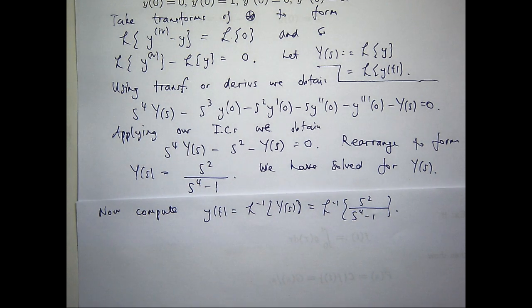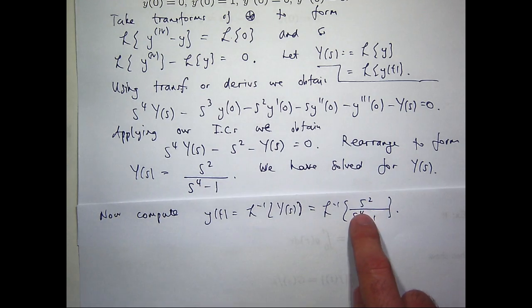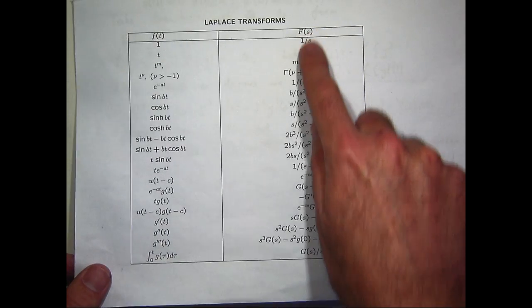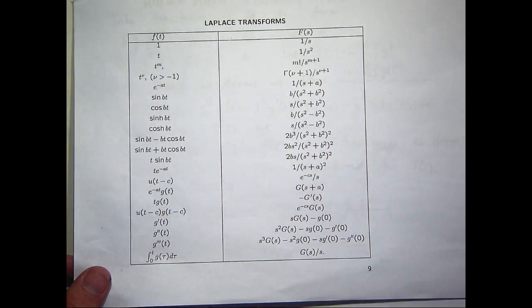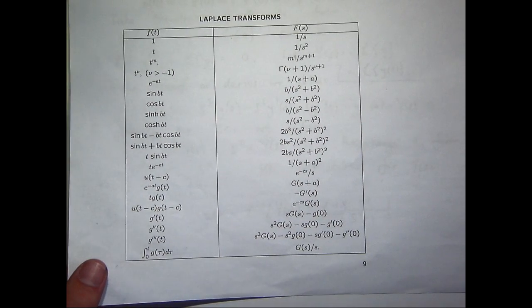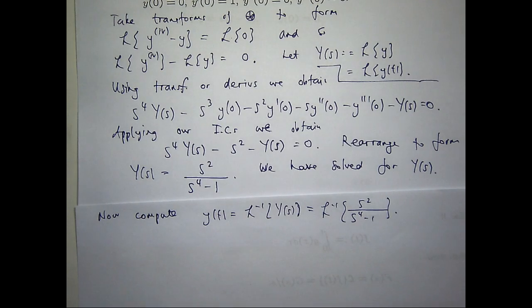If you look down the table, we want something like s squared on s to the 4 minus 1. Well, if you look up here, there's nothing exactly like that. So what is common is to split that s squared on s to the power 4 minus 1 up into partial fractions.